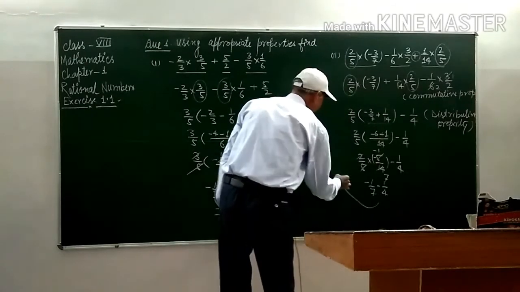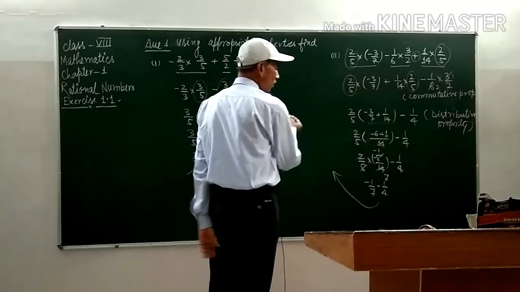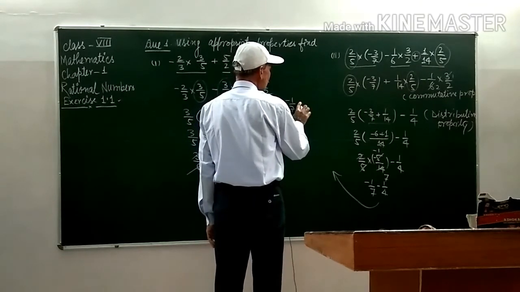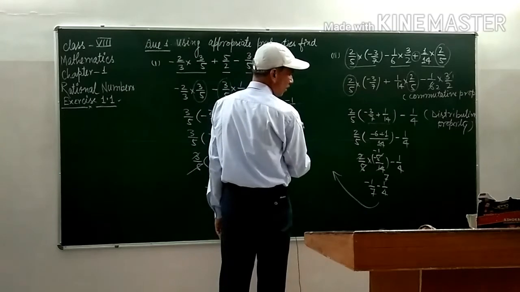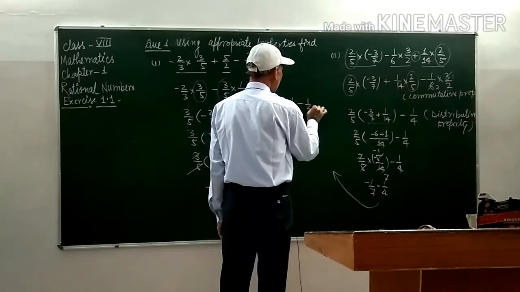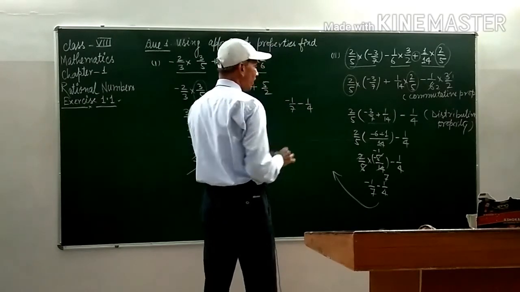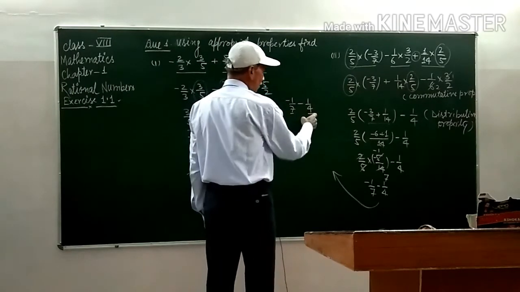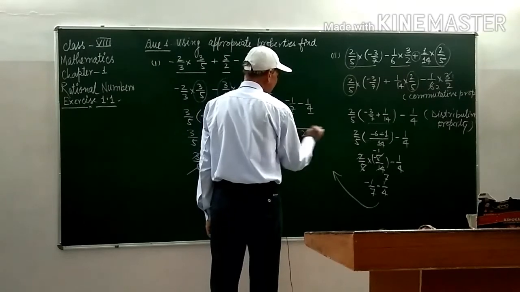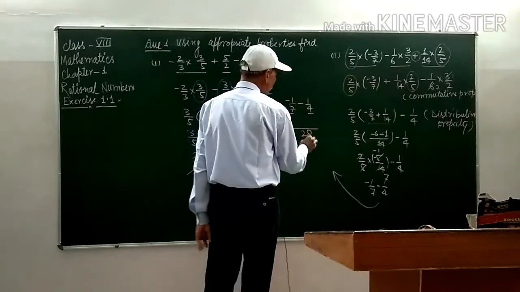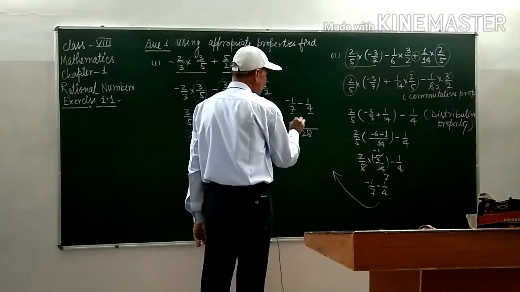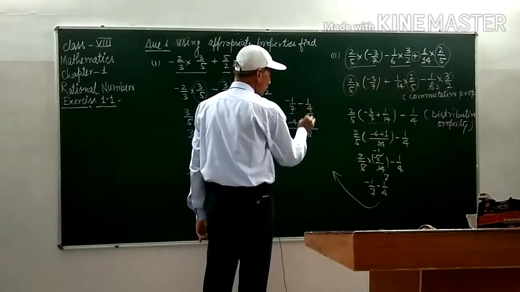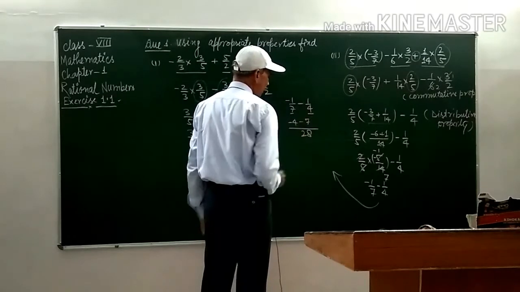So again we are doing this here. Minus 1 by 7 minus 1 by 4. Both numbers are negative. We have to take LCM of these numbers. 7 fours are 28, LCM of this number is 28, 7 fours are 28, so minus 4 here, and 4 sevens are 28, so 1 seven is 7, that is minus 7.